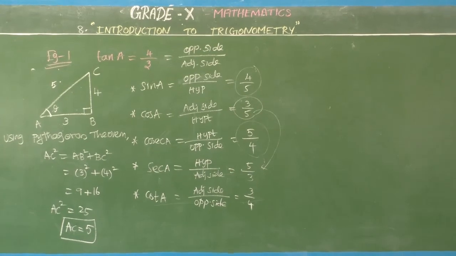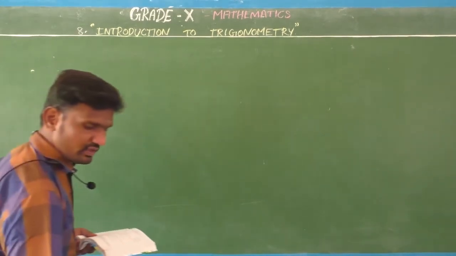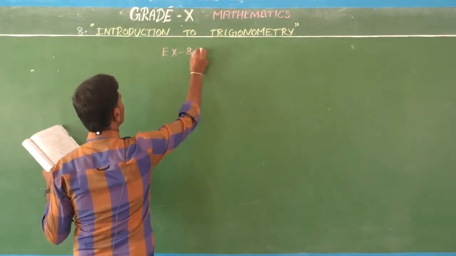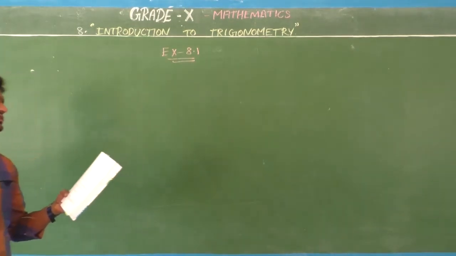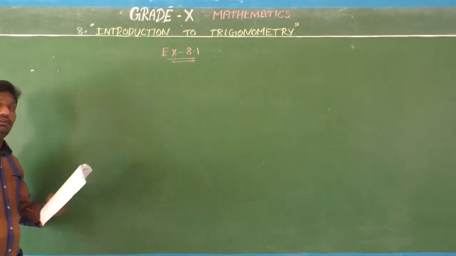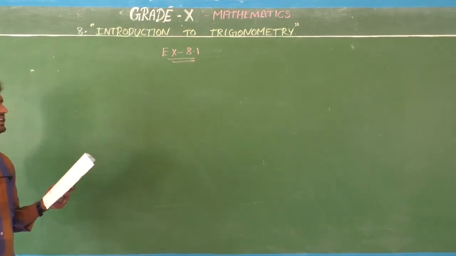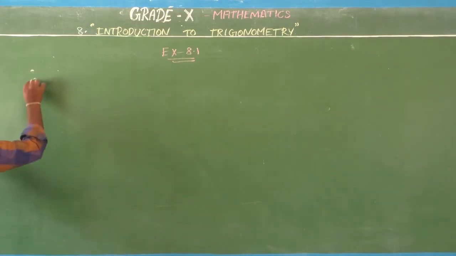And the next question. Now let us move to our exercise problem, students. Exercise 8.1. So the first question, listen all of you. In a triangle ABC, right angled at B. Question number 1.